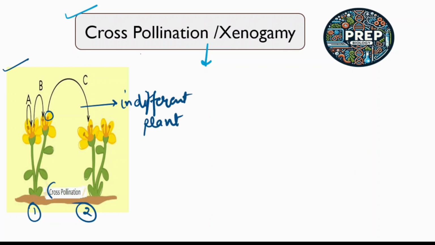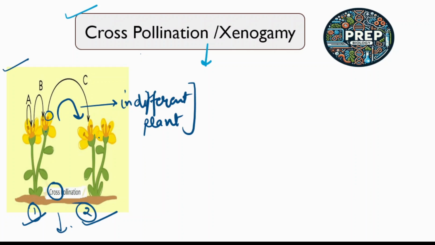That condition is called cross pollination. This is one plant and this is the second plant. This is the flower. The transfer occurs from this flower to this flower of the different plant. That condition is called cross pollination or xenogamy.